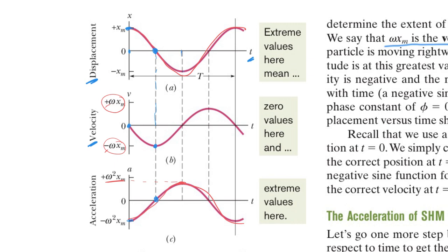And for each period we can compare together all those three terms. So extreme value here, mean 0 value here, extreme value here, but with different sign from the displacement.